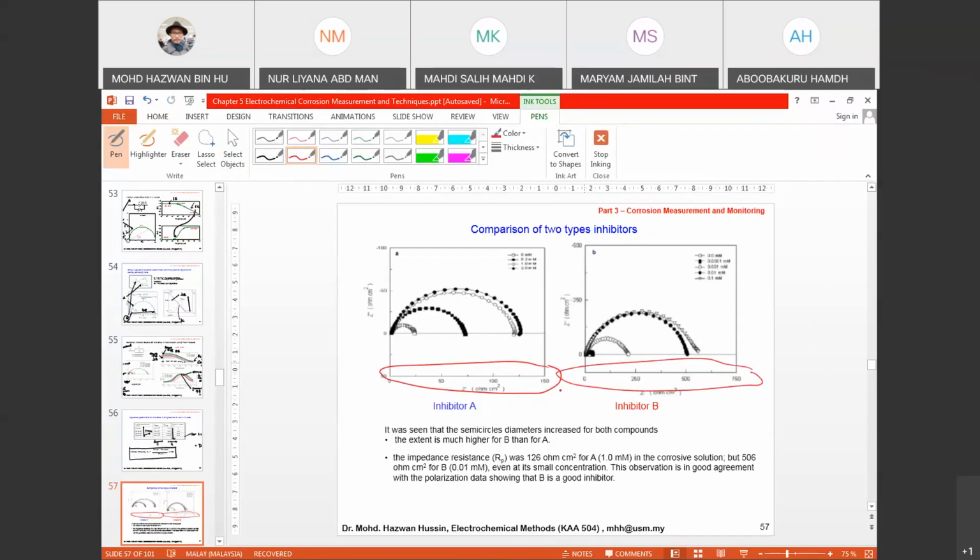Okay, so the maximum for inhibitor A is basically around maybe 125. Meanwhile, for inhibitor B, the maximum resistance value is around maybe, I guess, 500 plus.